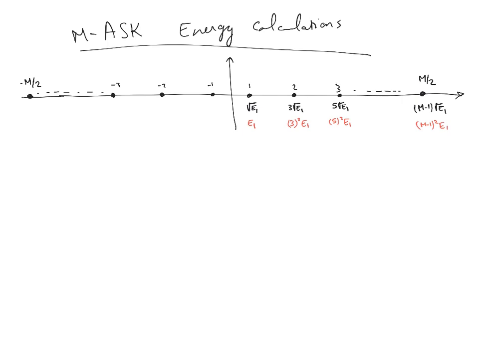So now if you want to generalize, if I want to calculate the average energy per symbol, I have to add the energies for the different symbols together and then divide them by the number of symbols.